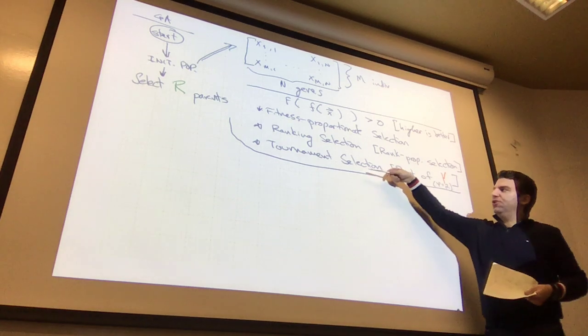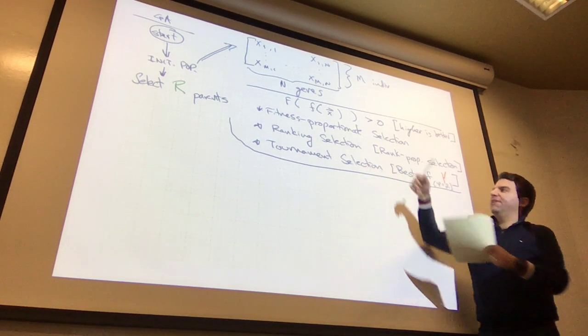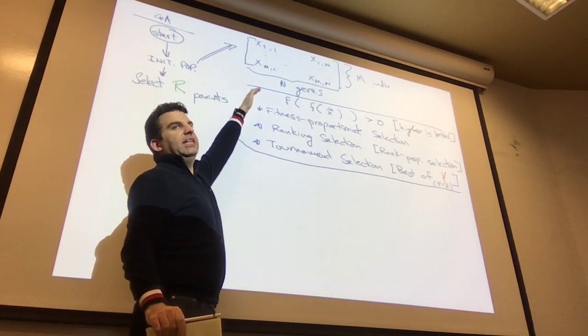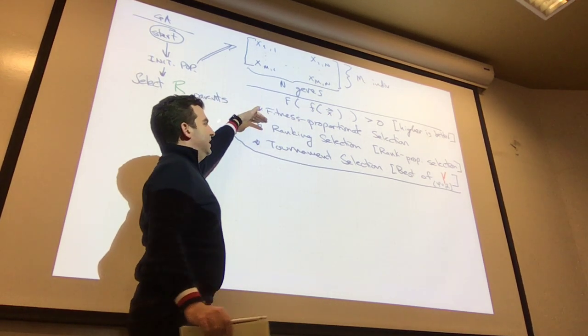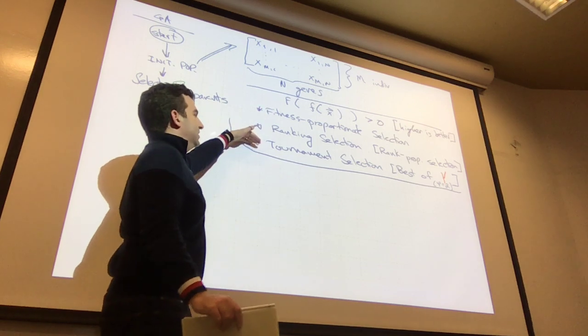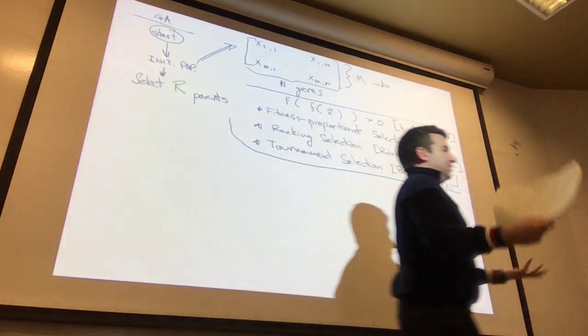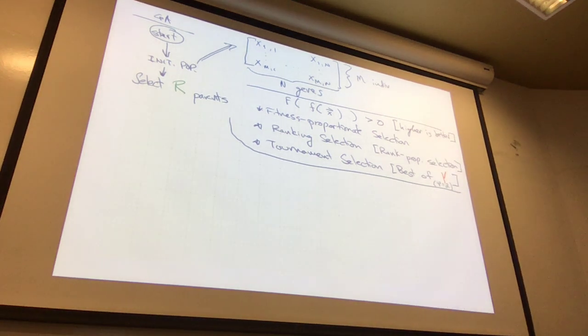Tournament selection is meant to be even more so. If you think about this, fitness proportion selection strongly favors really high fitness. Ranking selection is intermediate. Tournament selection, everybody's got a shot. It's like sports: in any sport that has a tournament at the end, the rest of the season doesn't matter as long as you get into the playoffs. That's what tournament selection is.